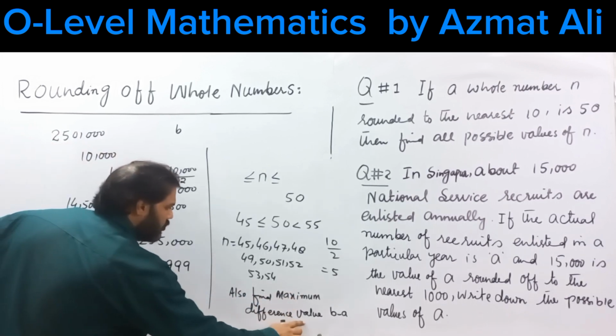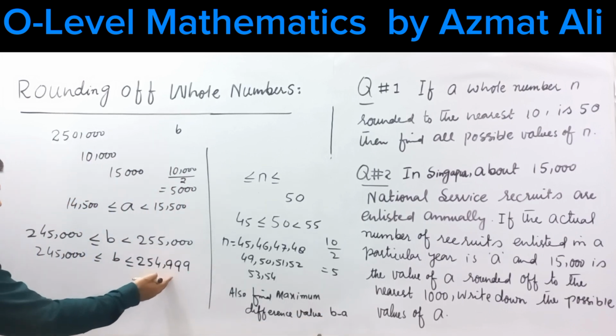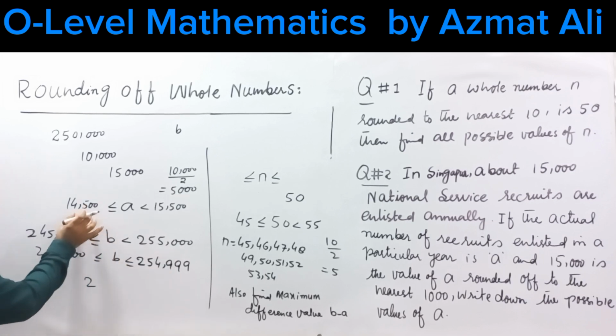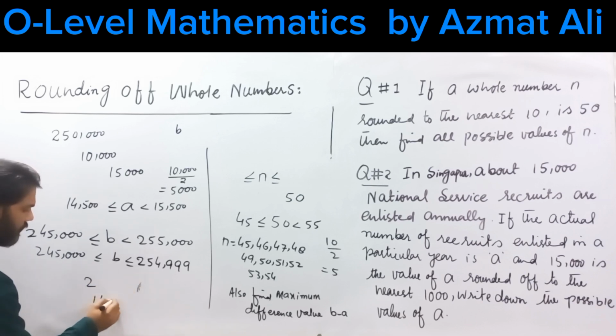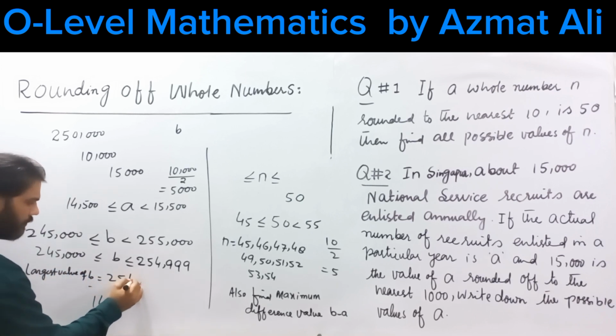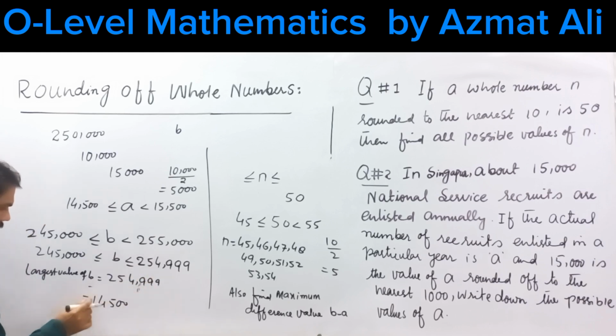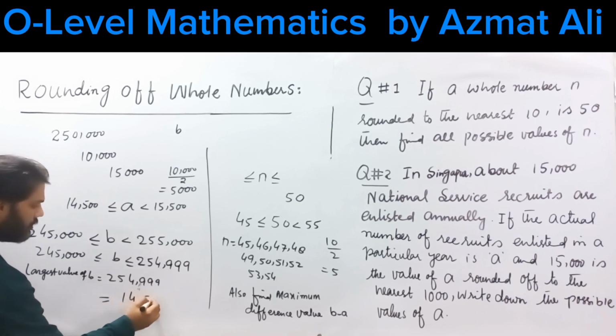The maximum difference value B minus A can be obtained by subtracting the smallest value of A, that is 14,500, from the largest value of B. This is the largest value of B, which is equal to 254,999, and we subtract from this number the smallest value of A, that is 14,500.